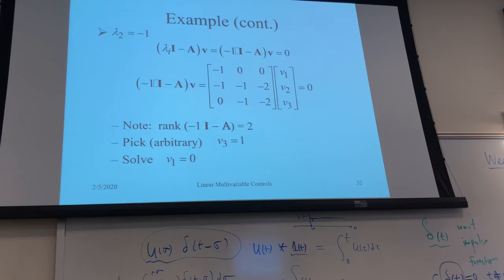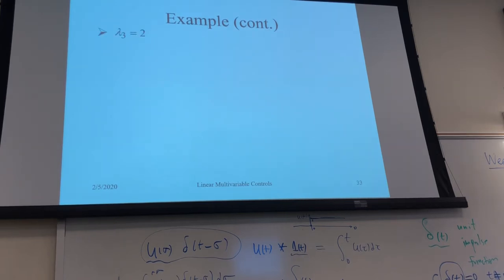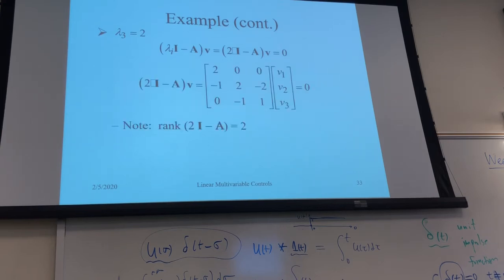We solve V1 is 0, V2 is minus 2, so this is 1. Then we do the same for the last one, and again we have the rank problem: these columns are proportional. So set V3 as 1, anything, and then you get the other two like that.